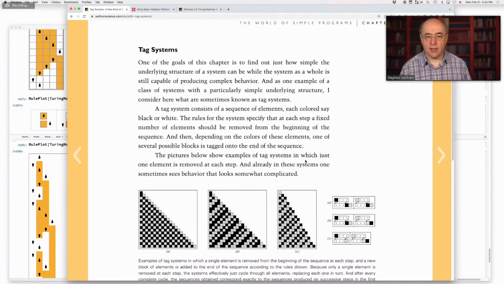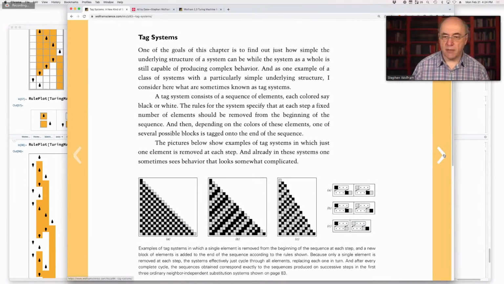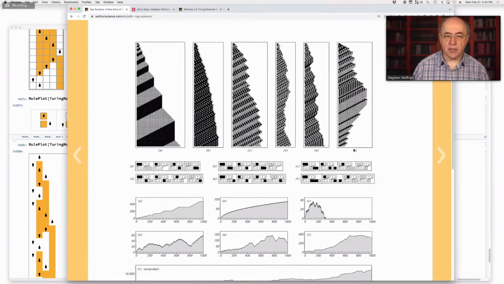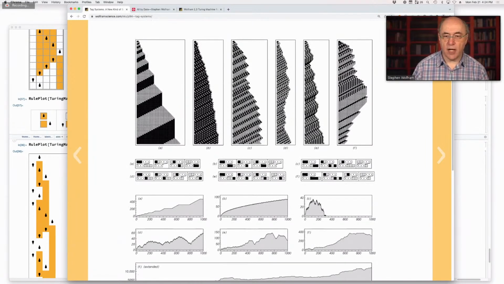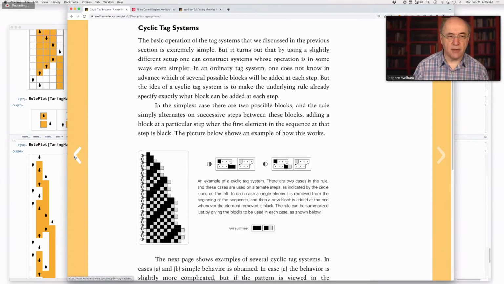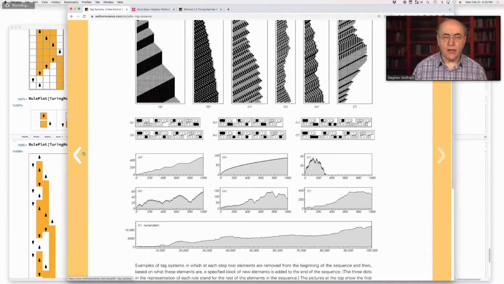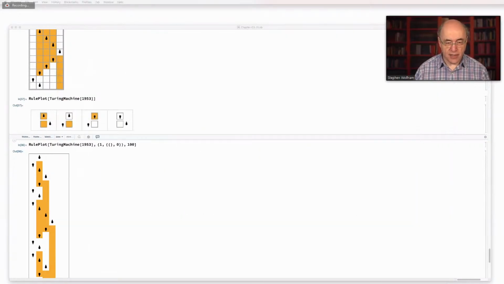How could that do anything complicated? Well, in these simplest examples, it doesn't. But it turns out you don't have to go very far before you start getting cases where, for example, the length of the string you get is very hard to predict. And in fact, with tag systems, you might have thought, oh, that will be another thing that I won't have encountered again.